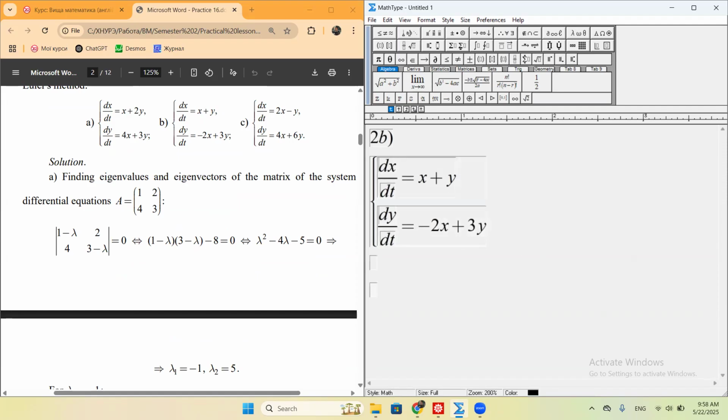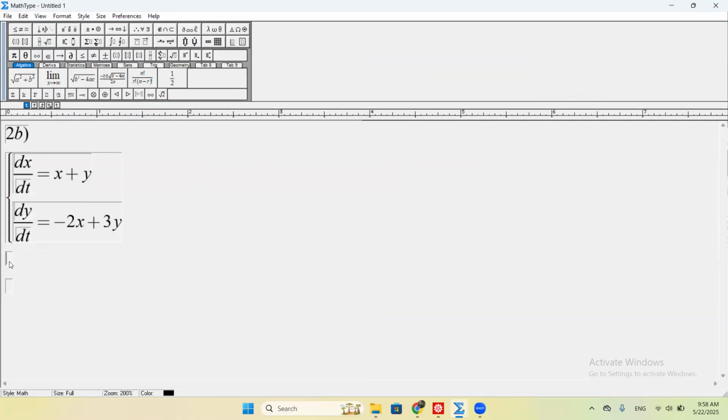Again, writing down the matrix, finding eigenvalues and eigenvectors. So matrix A will have the following coefficients: 1, 1, minus 2 and 3.